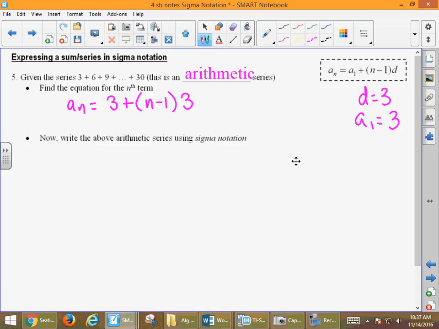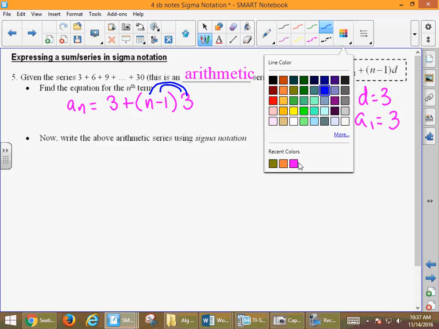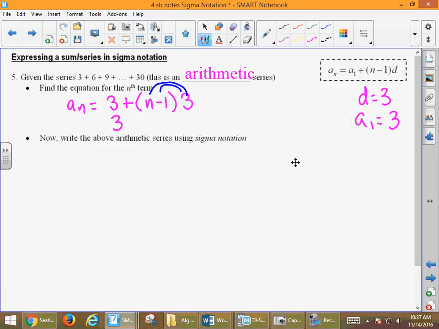And we want to simplify that formula. So when we simplify, that's going to require us to use the distributive property, distributing that 3. So we end up with 3 plus 3n minus 3 when we distribute.